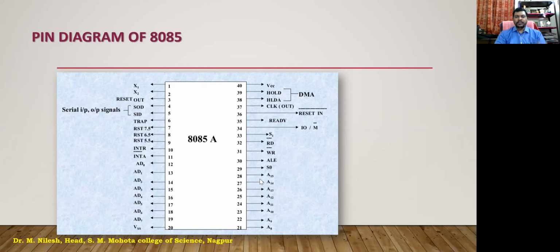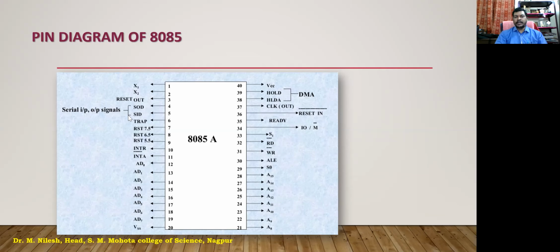See, simple. Then coming on the left hand side, we are having interrupt acknowledge first. Then we are having 5 interrupts depending on the priority: RST 5.5, that is reset 5.5, reset 6.5, reset 7.5. Then we have trap. Then we have serial input data, and then serial output data. These are the serial lines.